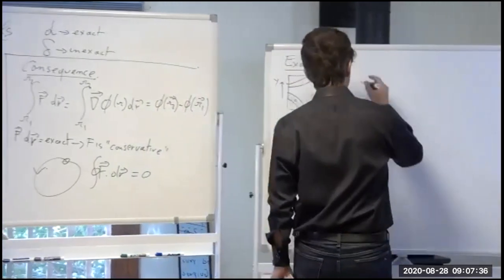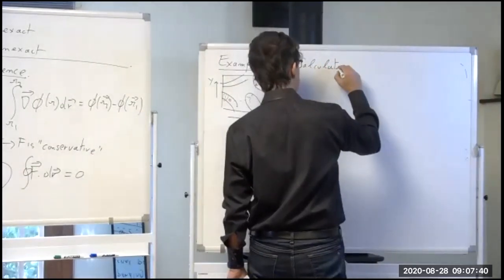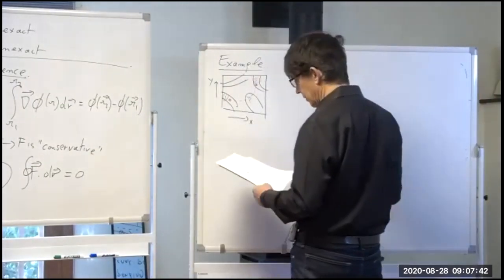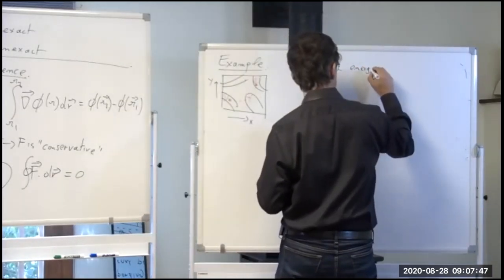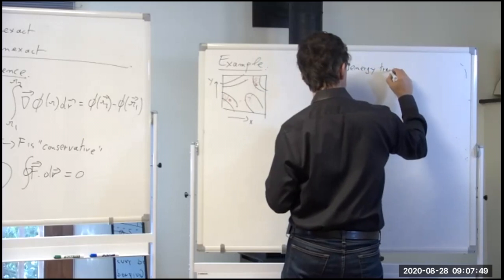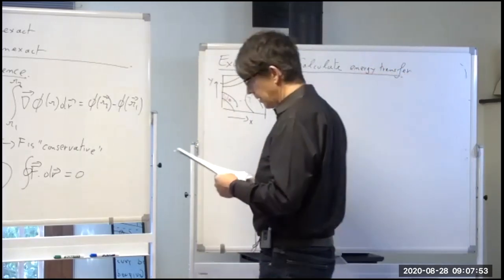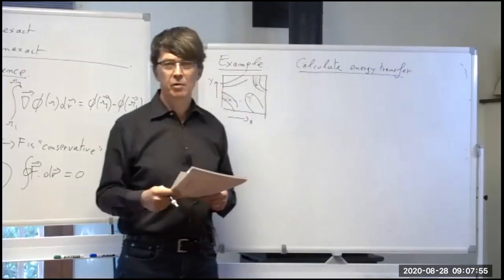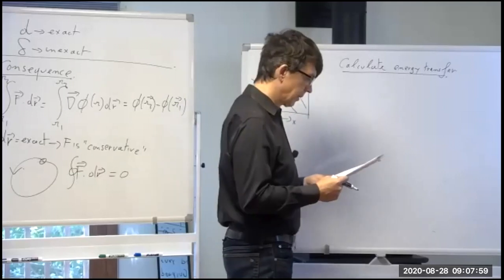So let me work through what will appear as some trivial calculations. I'm going to calculate the energy transfers. And I encourage you to do this because it will look trivial, but it will force you to think very rigorously, which is what you need in thermodynamics.